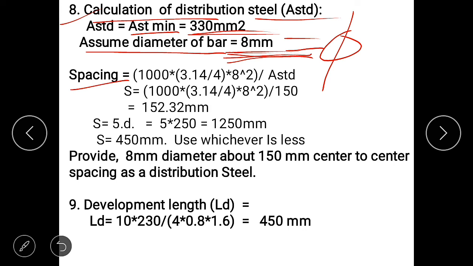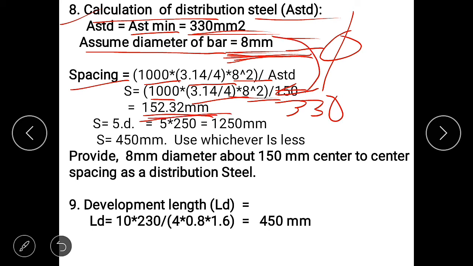So spacing is 1000 into pi by 4 into d square, d is 8 mm, divided by 330, so here 152.32.